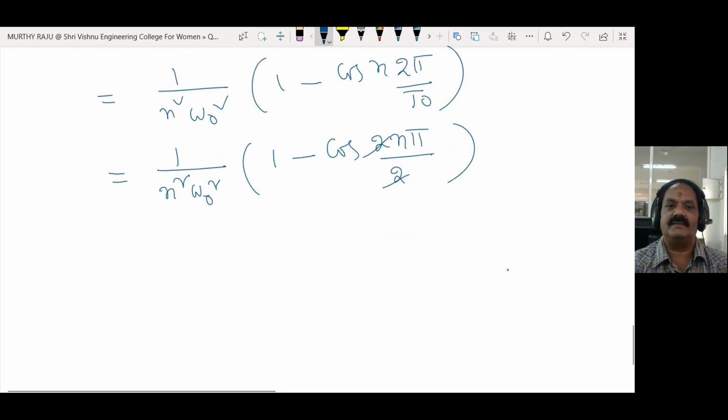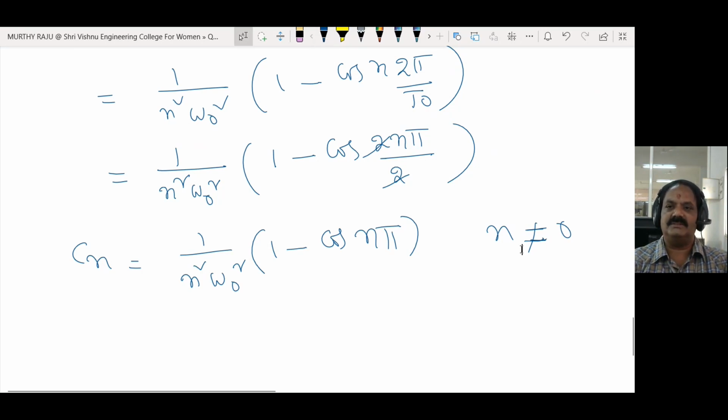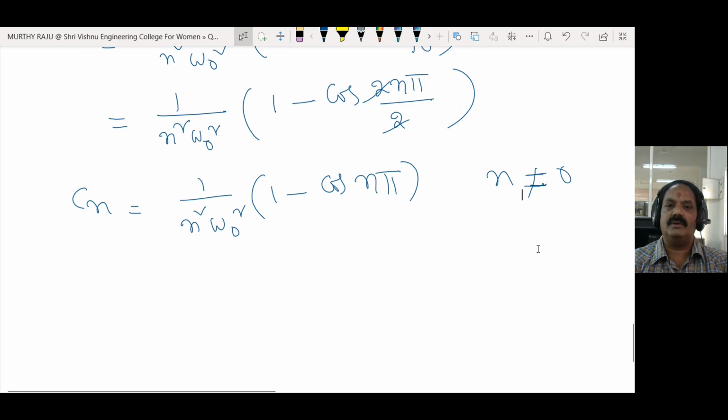That is, Cn is equal to 1 by n square omega naught square, 1 minus cos n pi, because n is not equal to 0. For n is equal to 0, Cn is infinity. You have to find out C0 separately.